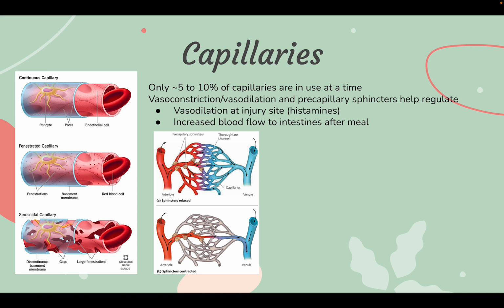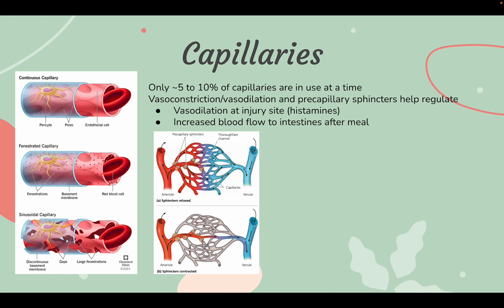So if we get injured, our immune system is going to have cells that release these things called histamines that are signaling molecules, and that causes vasodilation at the site, so that your body is able to recruit a bunch of white blood cells and whatnot to the site to start healing and defend against pathogens.